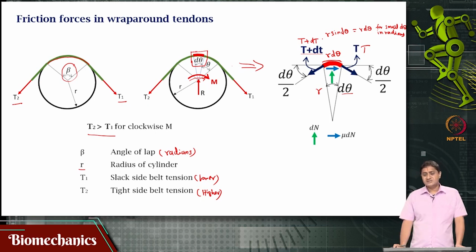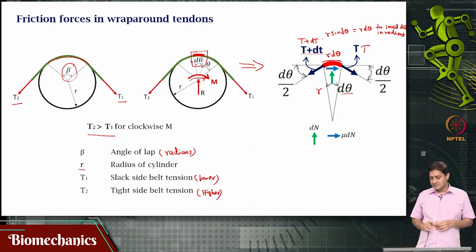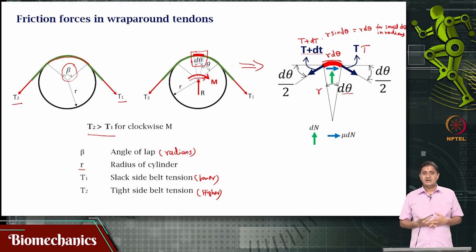Now, our interest is to assume that an equilibrium has been established and study the nature of this static equilibrium in this element that is of interest for us. Okay. This is our goal. Our goal is to assume that static equilibrium has been established, and we are interested in studying this static equilibrium in this small element. Okay. So, we have capital T on the right and we have capital T plus dT on the left.